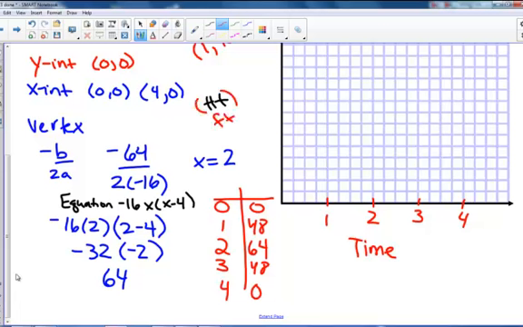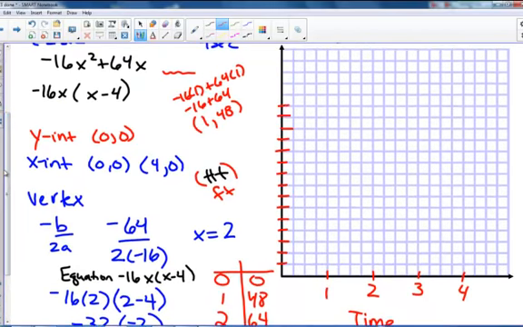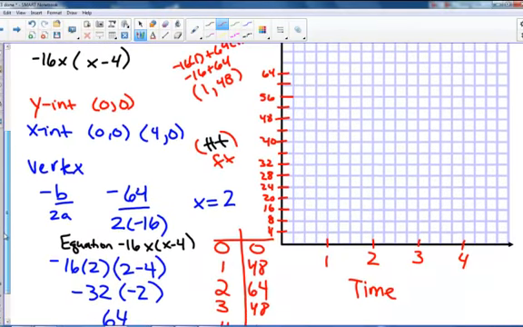So since we have to get up to 64, we could go by 4s or 5s. And a good title would be a football kick.